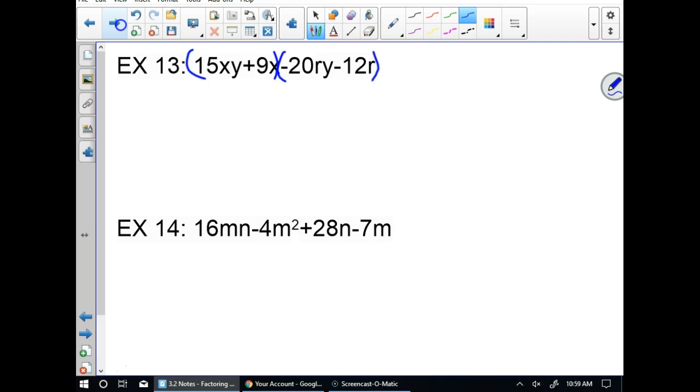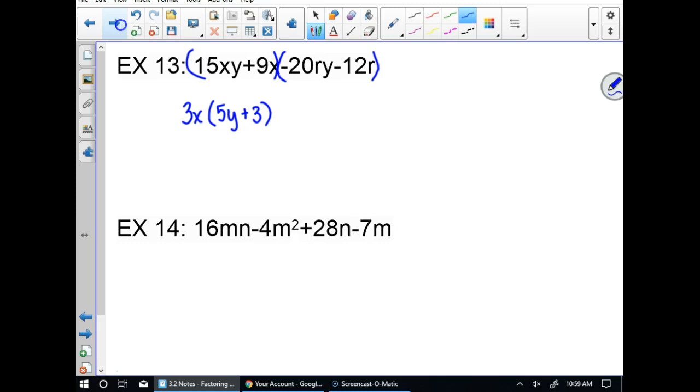And what could I factor out of the first set of parentheses? 3 and an x. So I'll have 3x, and that will leave me with 5y plus 3 inside of the parentheses. What could I factor out of the second? Negative 4.